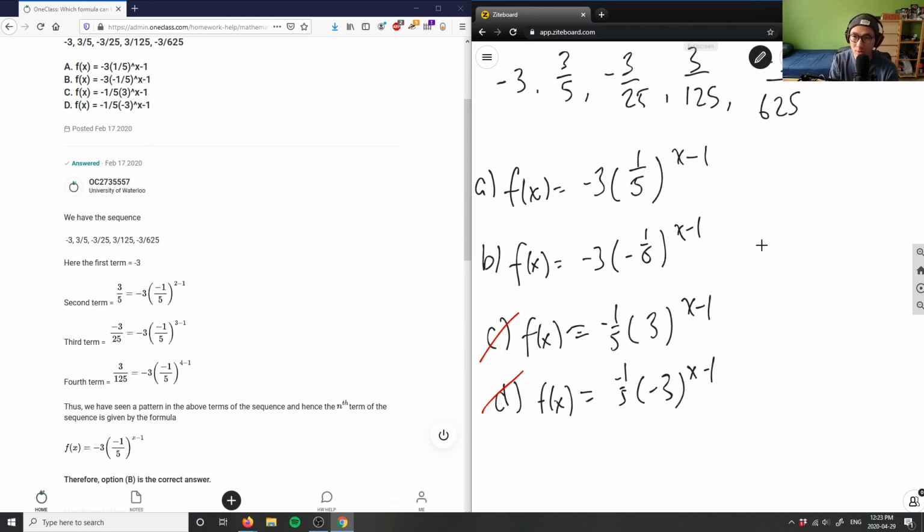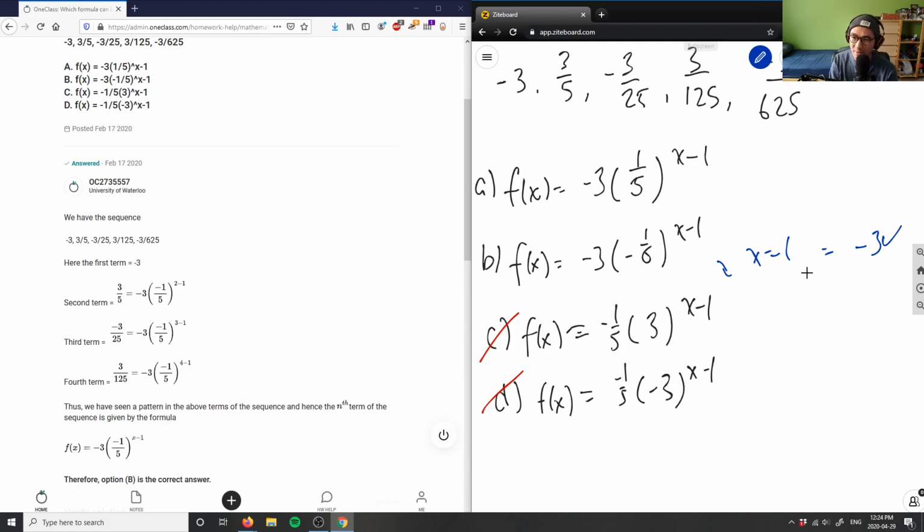If x equals 1, I guess I'm doing this for B, I would have negative 1 over 5 to the power of 0, which equals 1. So therefore, this term would equal negative 3. So this here is correct. If I did the same thing for this one here, if I put 1 here, 1/5 to the power of 0 is 1, and I would also have negative 3.